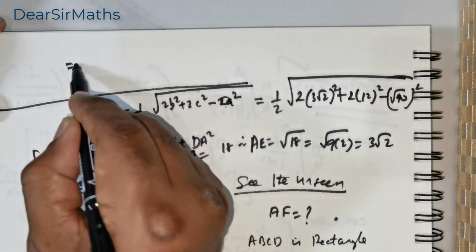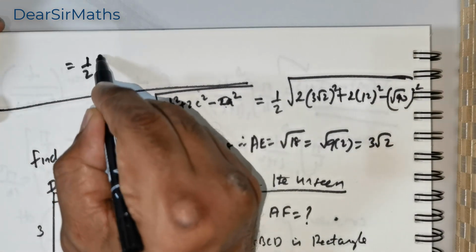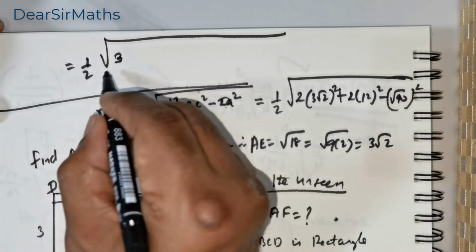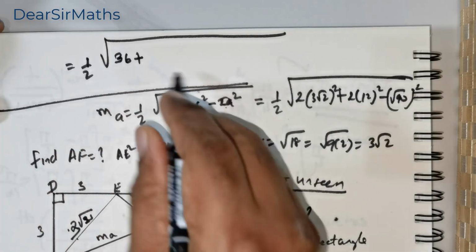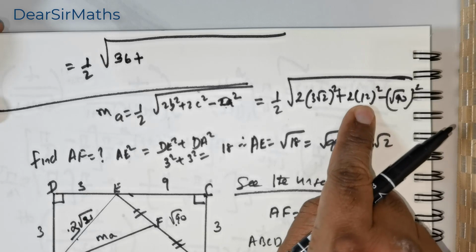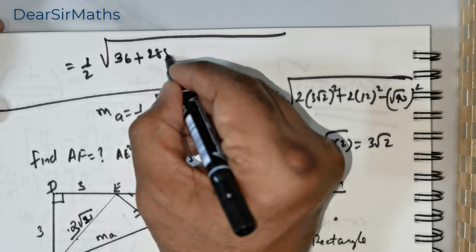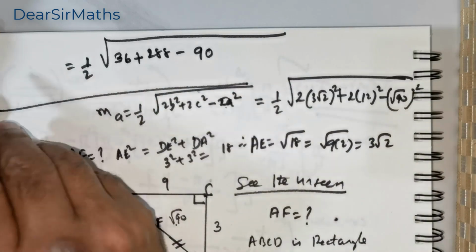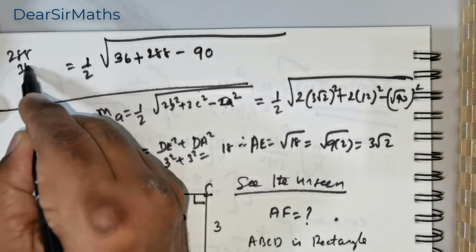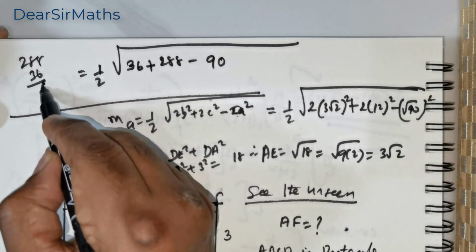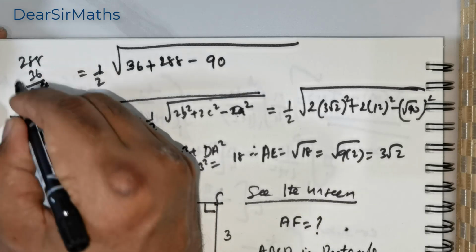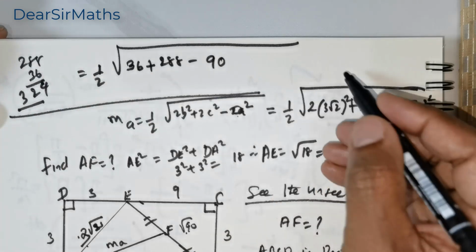If you simplify this, you can easily see the result. So let me show you the outcome. This is equal to 1 over 2 times square root of, so you have a 36 here, 12 squared is 144 multiplied by 2, it's going to be 288. Minus root of 90 squared, which is 90. So 288 added with 36 gives 324, minus 90.